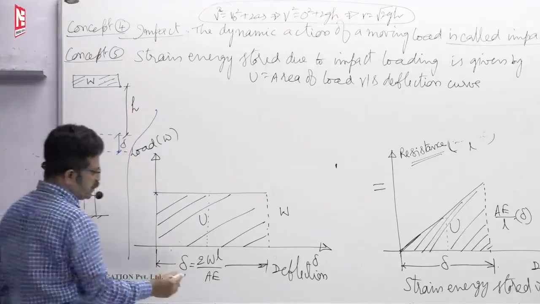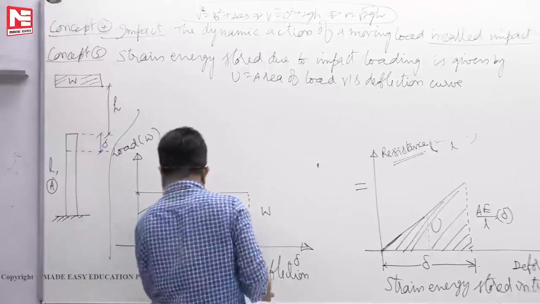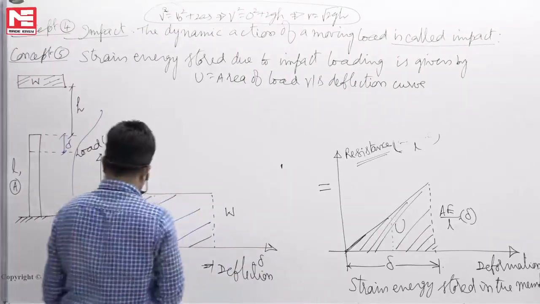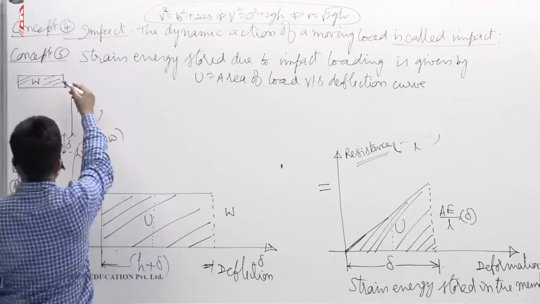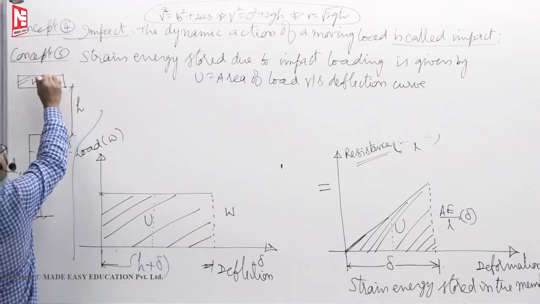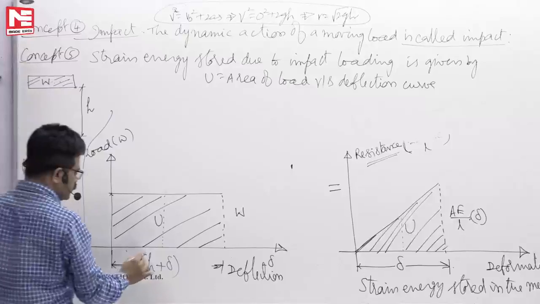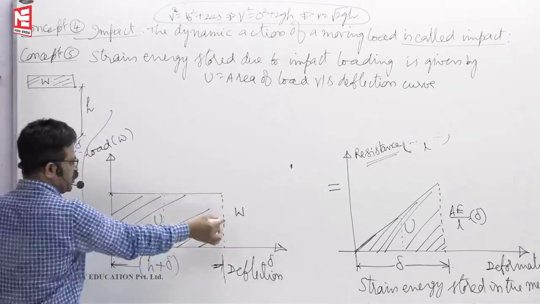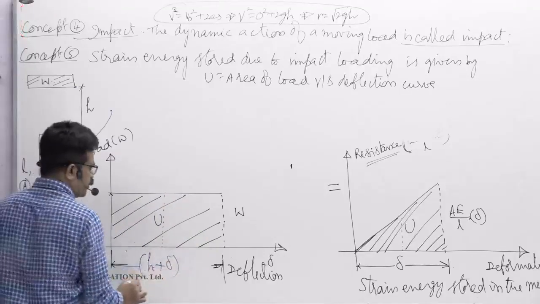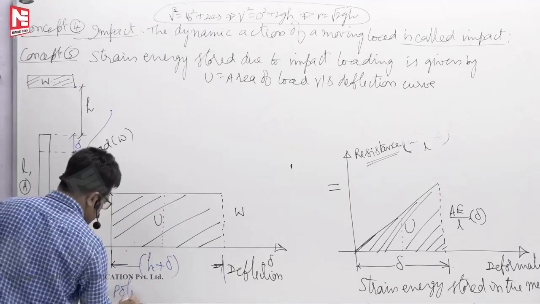W into H plus delta. Now this value is not delta, this value is H plus delta. What is the potential energy lost by the weight W is W into H plus delta. That means this is H plus delta up to here. This height is W. So W into H plus delta, you will get potential energy lost.